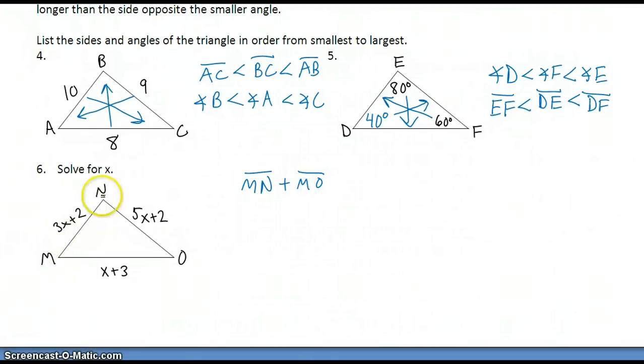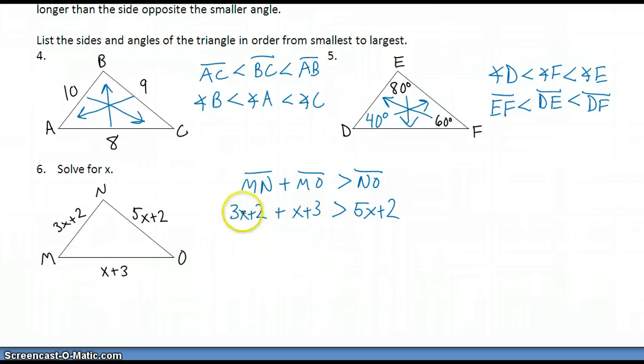So I'm going to say MN plus MO has to be greater than NO. These two sides added together have to be greater than my third side. So I'm going to plug in my values for these sides and solve for x. 3x plus 2 plus x plus 3 has to be greater than 5x plus 2.